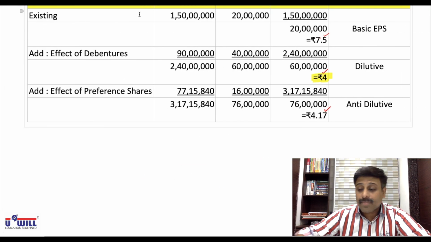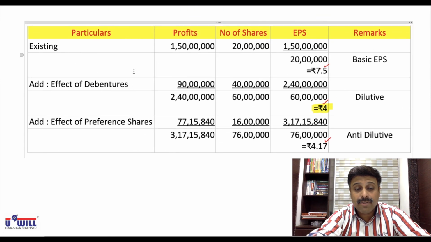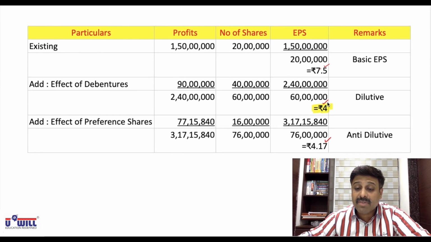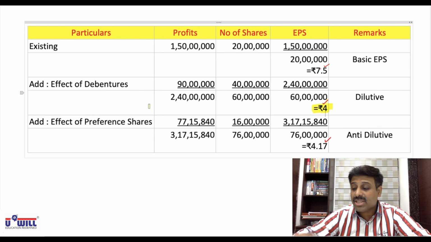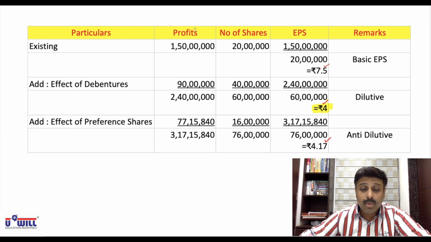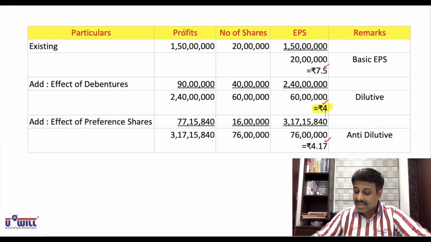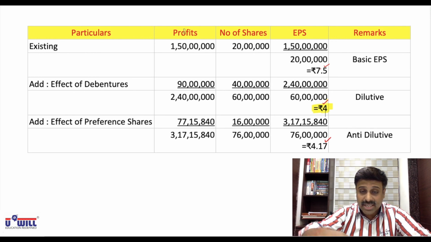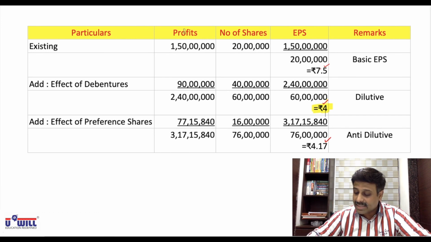So what is this exactly? In future, if debentures get converted into equity shares, first your EPS will be 4 rupees. If preference shares get converted first, then you count it: 1 crore 50 lakhs plus 77 lakh 15,840 would result into 2 crore 27 lakh 15,840, divided by number of shares, which would be 20 plus 16, 36 lakhs.